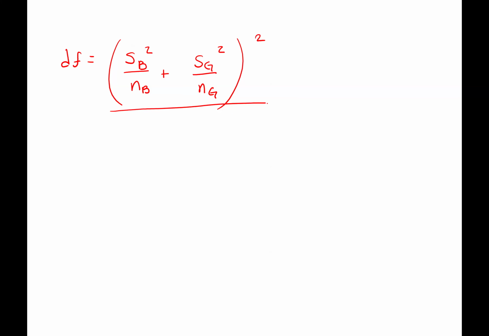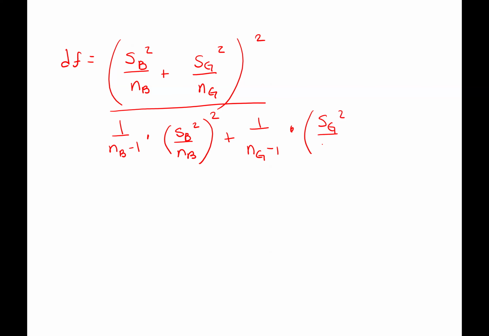Then you divide that by 1 over n sub b minus 1 times s sub b squared over n sub b, then you square that, plus 1 over the sample size of the girls minus 1 times s sub g squared over n sub g, and you take all that and square it.